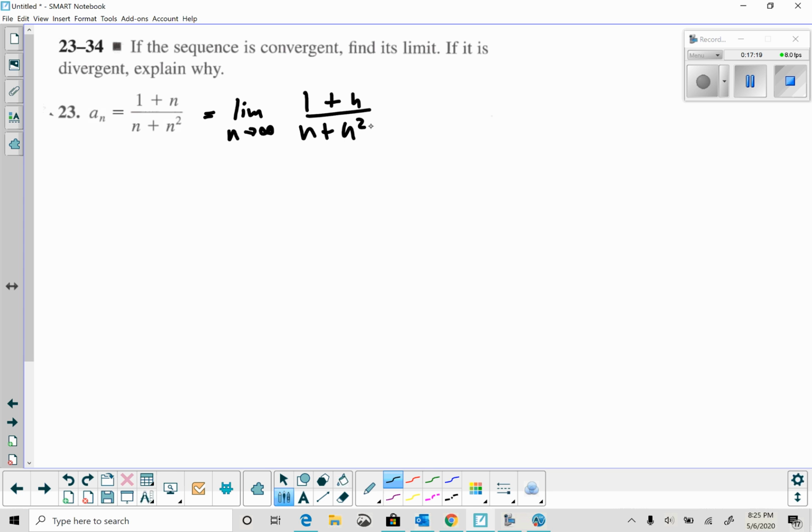Now if I do that same thing that we started this video with, number 7, out of those four terms, the highest degree is n squared. So I take 1 over n squared plus n over n squared, and I do this for all of them.